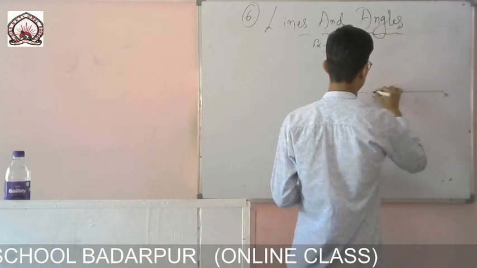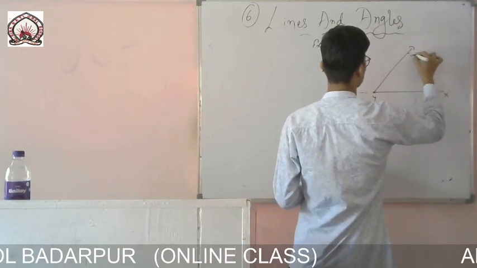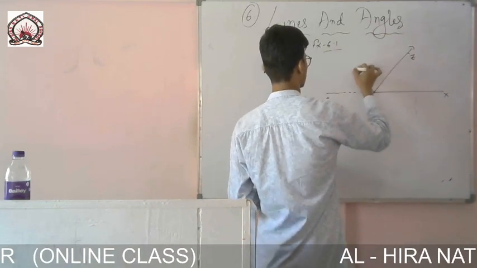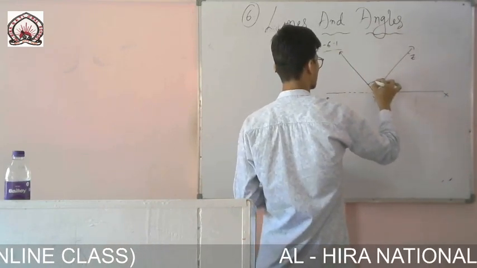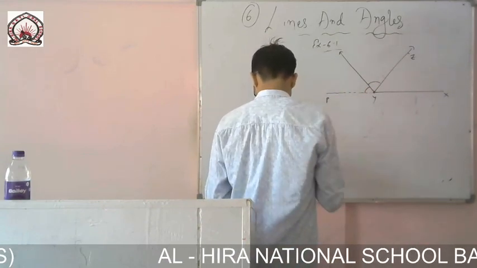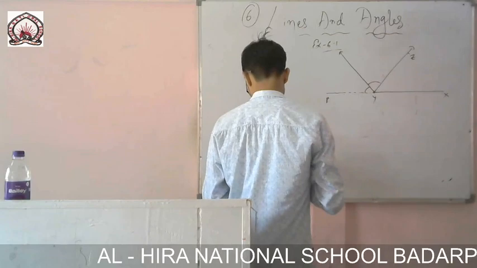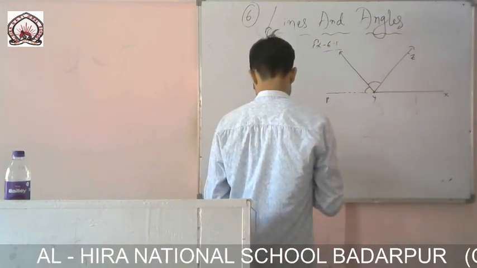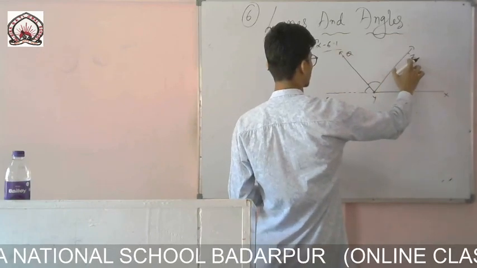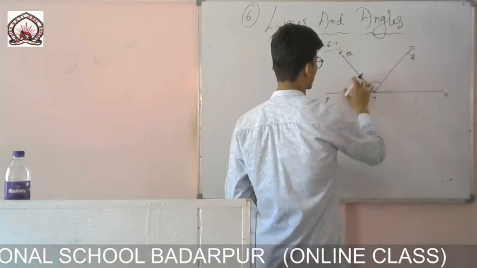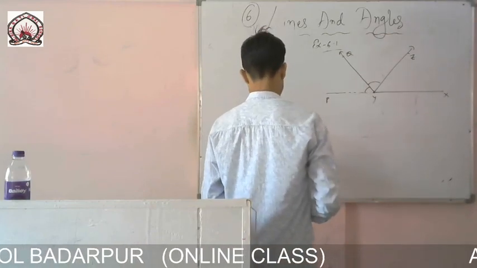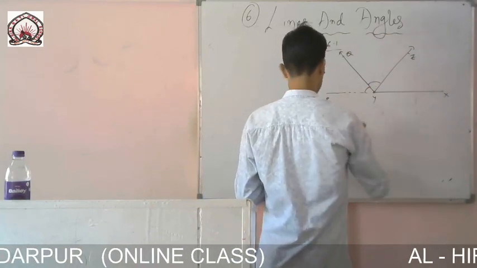YP is there, so ZYP will be there, and this angle is bisected, that means both parts will be equal, this angle and this angle will be the same. It is given that ZYP is bisected by the ray YQ, so these two will be the same.